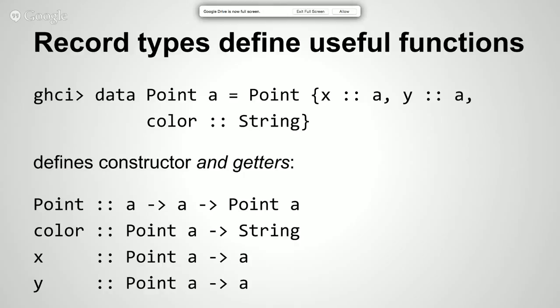So here we have a constructor point. It takes an A and an A and returns a point A. It's a parameterized type. But then we have a color and an X and a Y that will take that built-up object and select out that field.